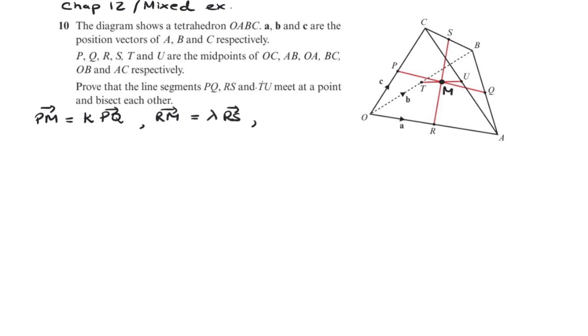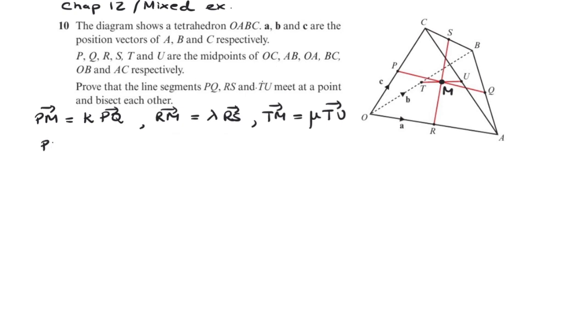And finally TM can be written as mu times TU. By writing down these scale factors, my aim is to find them, and we are trying to prove that they're all equal to half. So let's start with PM first.